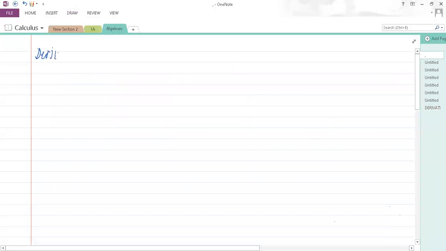So, a derivative of radicals. When we say radical, that is the square root of x or the cube root of x. So the d/dx of, say, the square root of x, what would be its derivative?